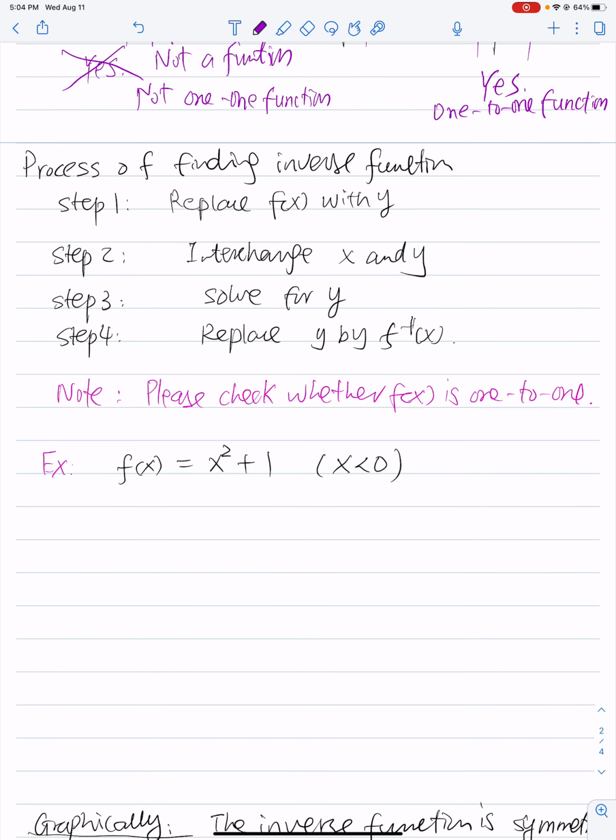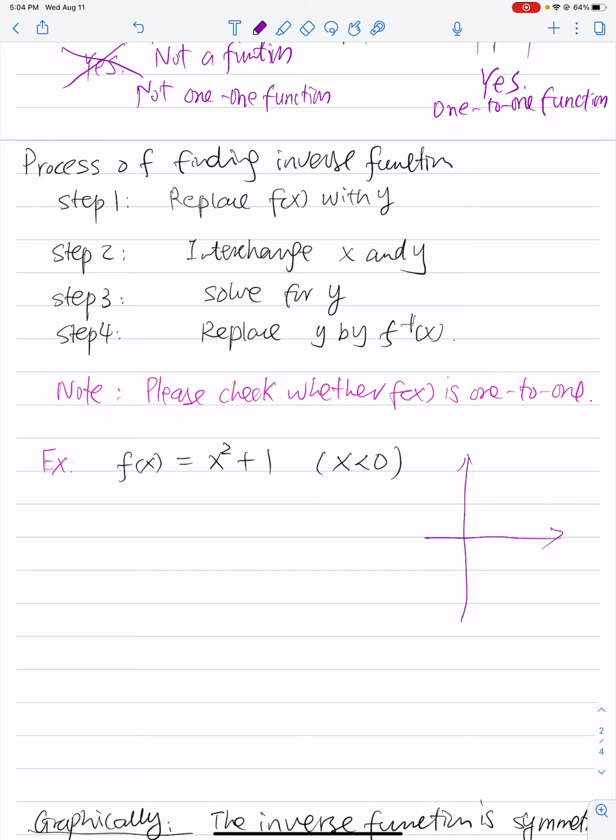Okay, so f(x) equal to x squared plus 1. How could we draw the picture? f(x) equal to x squared, that's the parabola, yeah? And then plus 1, this plus 1 means go up 1. So the picture will look like this.